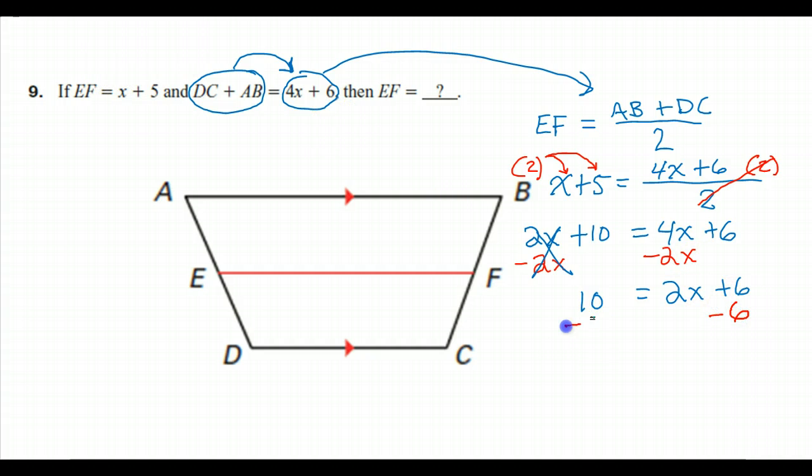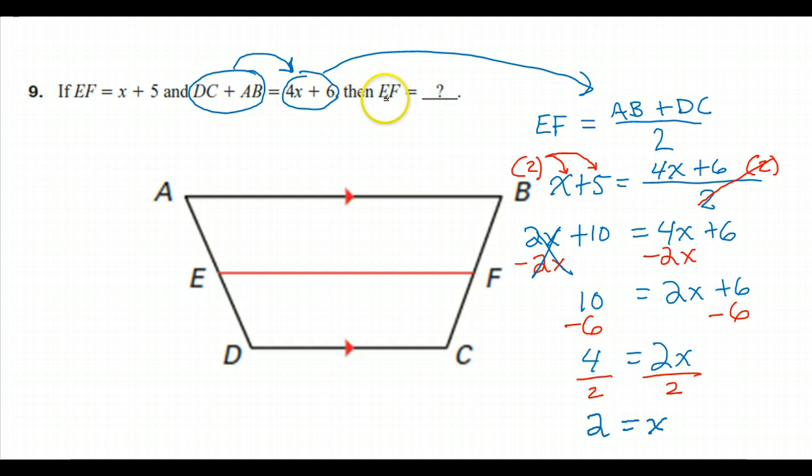Subtract 6 from both sides. So that's going to give me 4 equals 2x. Divide both sides by 2. That's going to give me 2 is equal to x.